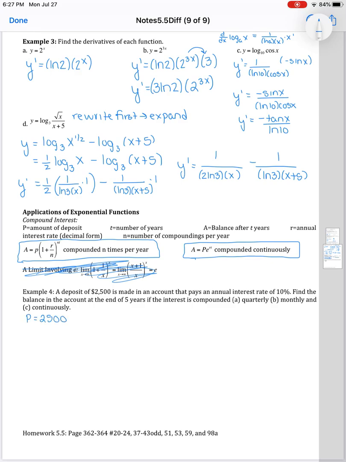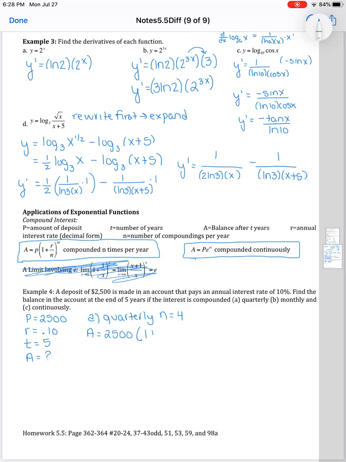And they have to tell you that in the question itself. But each of those variables, P stands for the amount of deposit, so what you start with. T is the number of years. A is the balance you end up with at the end. R is your interest rate, and you have to write it as a decimal. And N is the number of times you're compounding. And then you don't have to worry about this limit stuff. We're done with limits.